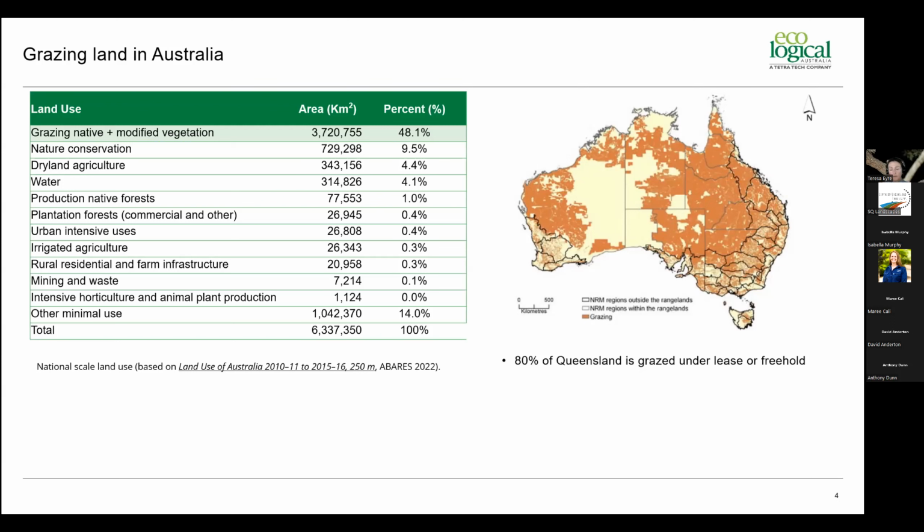Nearly half of the actual area of terrestrial Australia is covered by stock grazing. And that's particularly intense in Queensland, where 80% of our land area is under leases for grazing or freeholds.